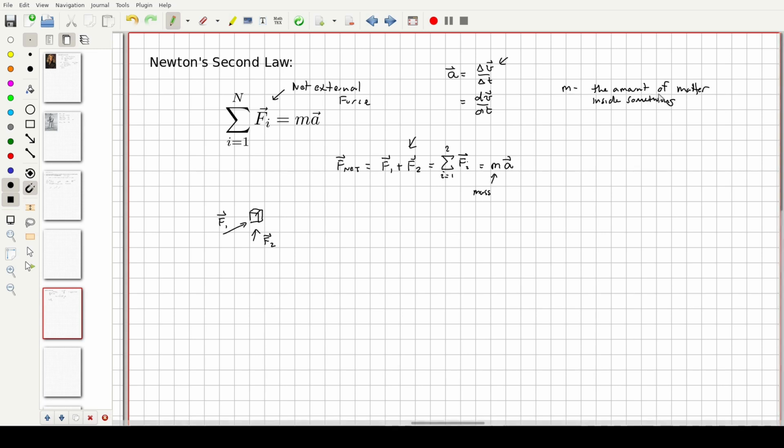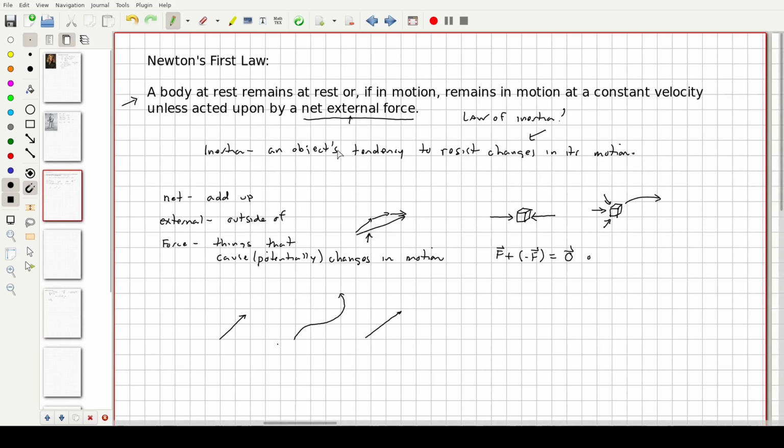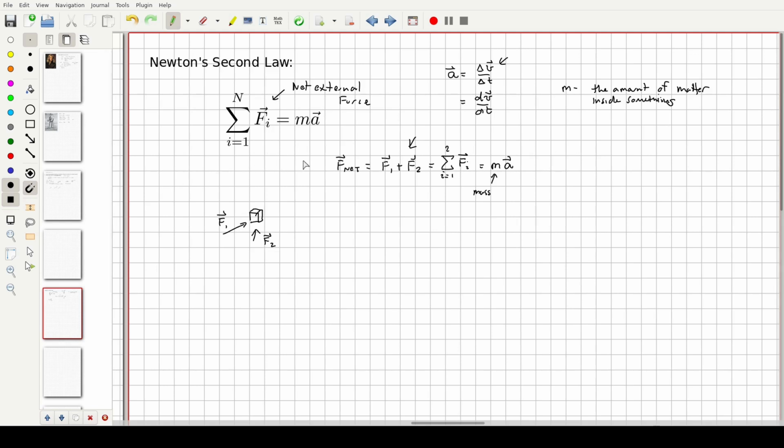But perhaps a better way of thinking about mass is this. Mass is the thing that resists your change in motion. It's analogous to inertia. And you can see that by solving for acceleration here, which we're going to do shortly.